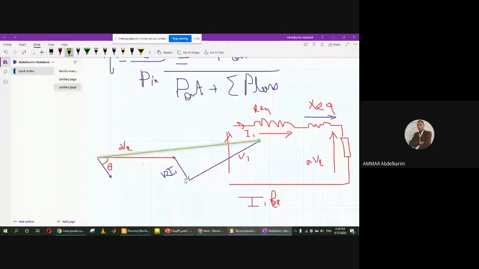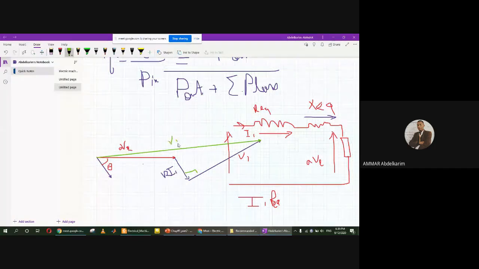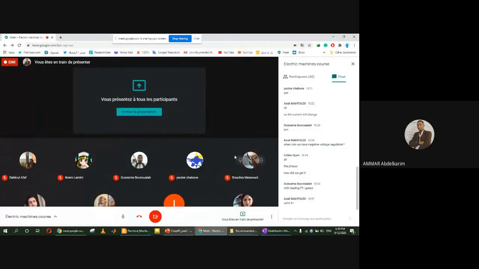Always just remember that we have voltage drops. The voltage drop of the resistance is in phase with the current, and the voltage drop of the reactance is shifted by 90 degrees from the voltage drop of the resistance. Then we can draw the input voltage from the beginning to the end. So this is concerning the diagram.